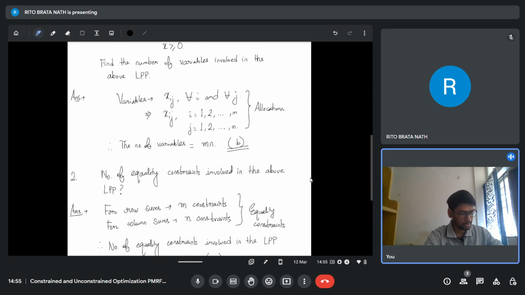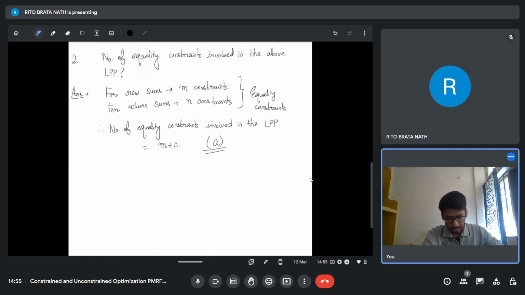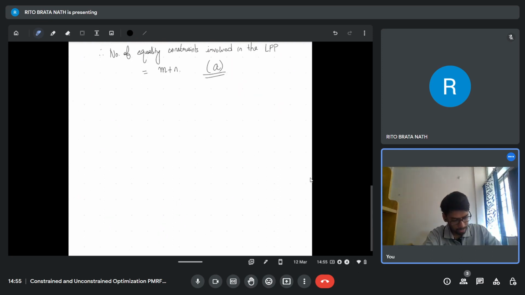The first two were pretty simple, related to the transportation problem. Let's move on to the third one. This is the transportation problem.